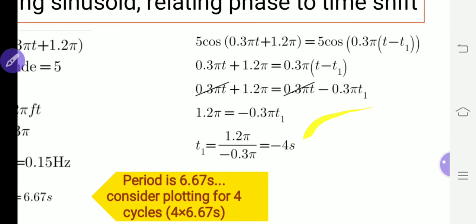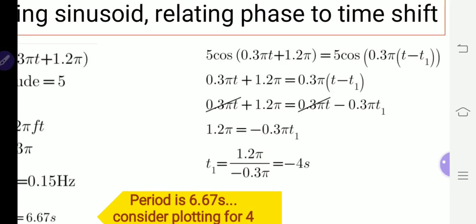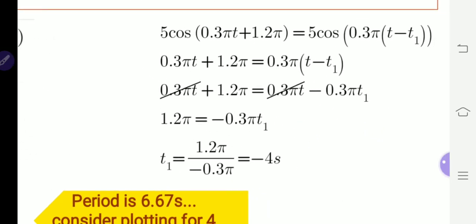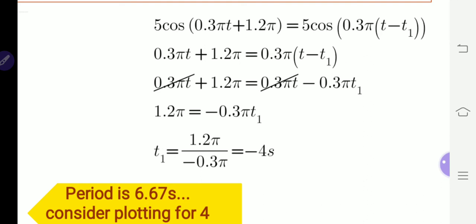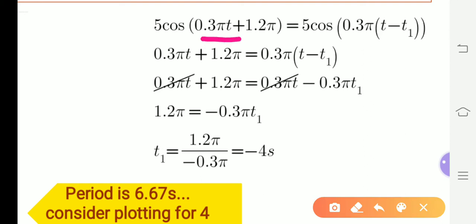Next, in our drawing, we want to show where our peak occurs. So what we do is we relate 0.3 pi t + 1.2 pi to 0.3 pi (t - t1). We try to find out what t1 is.